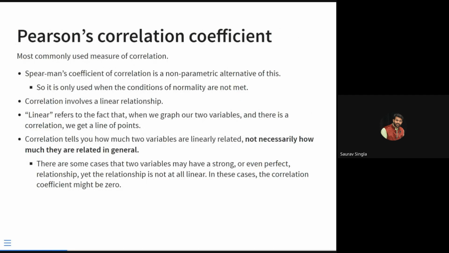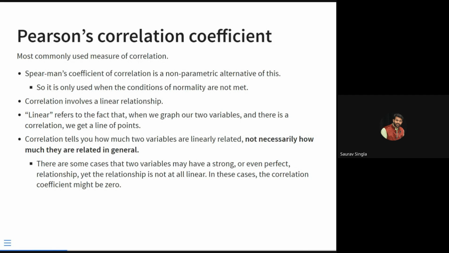Now, why are we discussing linear and non-linear? The purpose is that correlation, as a measure of degree of relationship, is only able to measure the linear relationship between two variables.